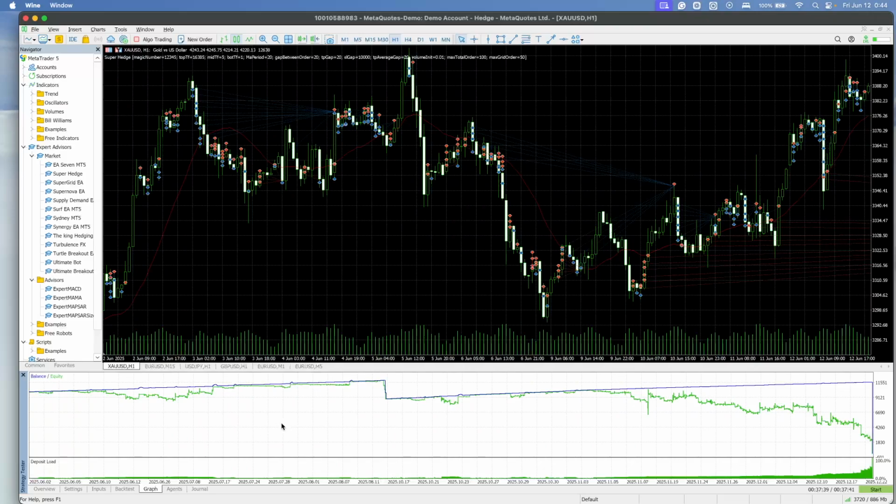And this is what happens with some grid and martingale strategies out there and expert advisors. One single loss or one situation where the market moves against the basket can end everything. We'll have the balance and the equity going all the way down to zero until the account is blown.